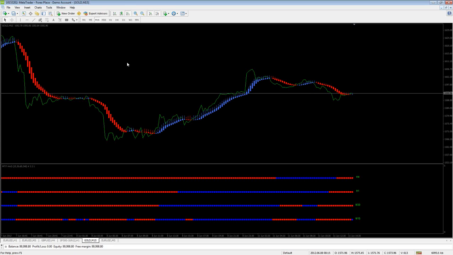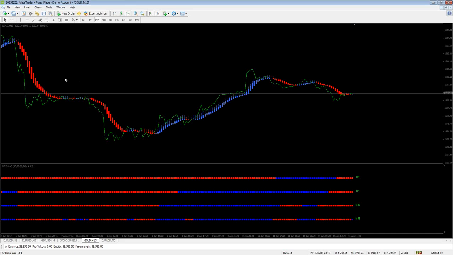average candle, and what these Heikin Ashi candles do is eliminate noise by averaging the price and showing the average price.